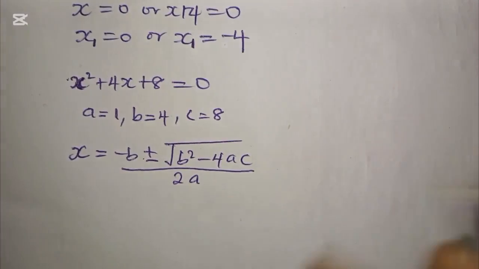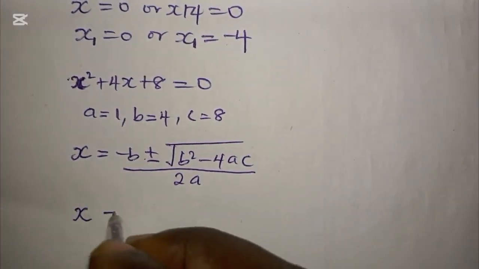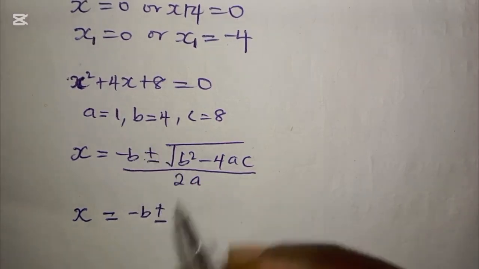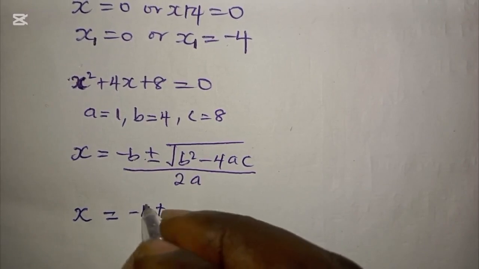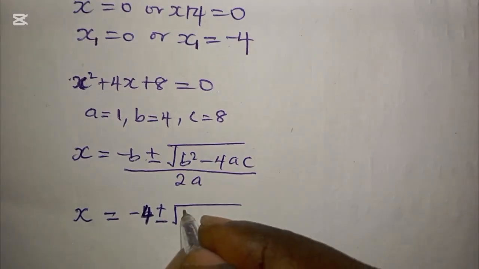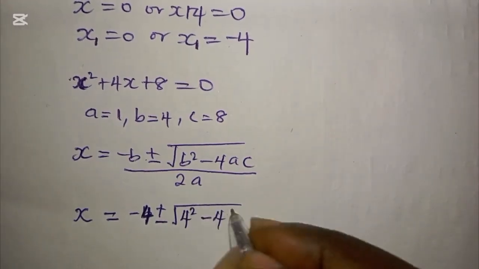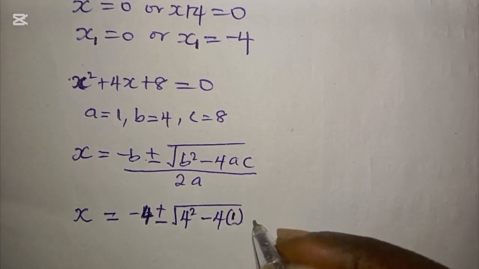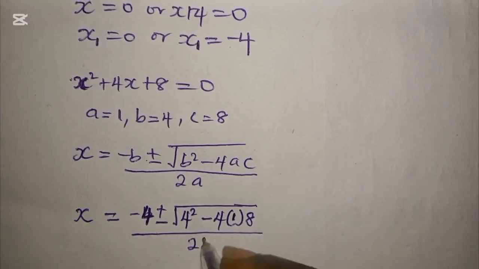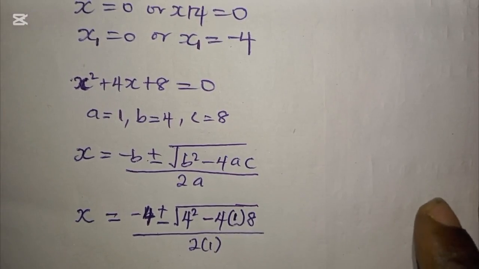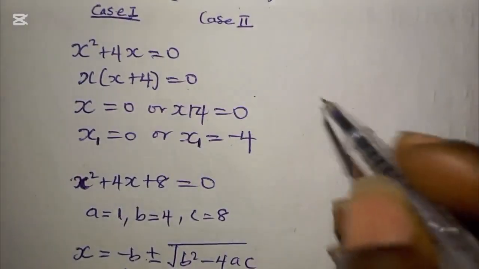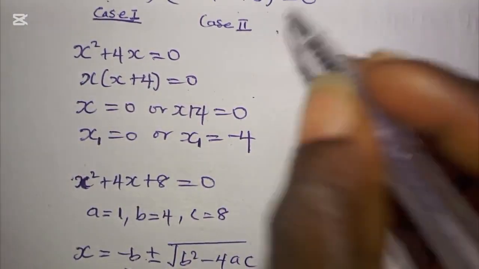So we now have x equals minus 4 plus or minus square root of 4 squared minus 4 times 1 times 8, divided by 2 times 1.